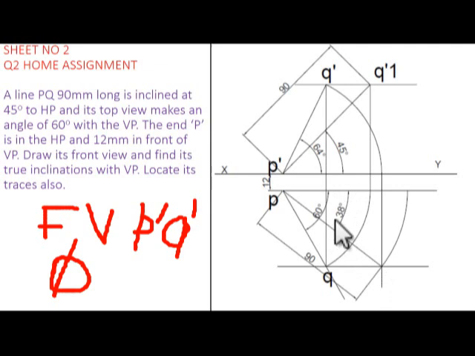In this way you can find the true angle. Otherwise, to cross check, you can rotate this front view parallel to the XY line, then project it on this locus and again you will get the same thing. You can use either way, whichever you like.